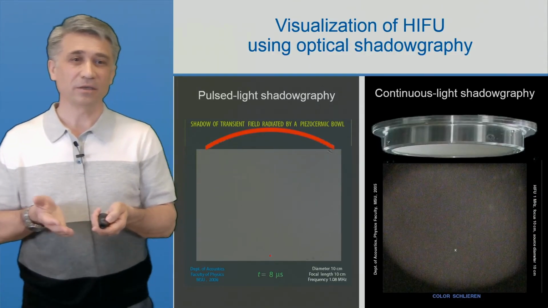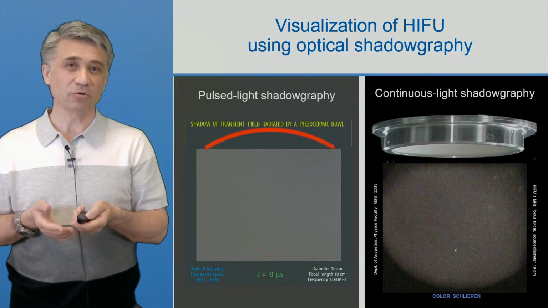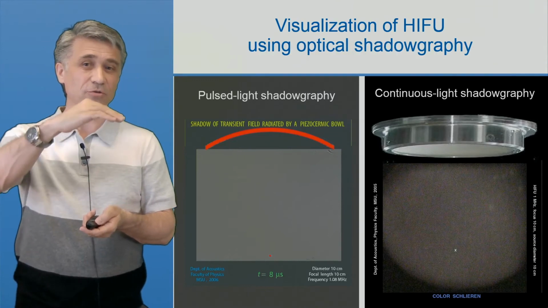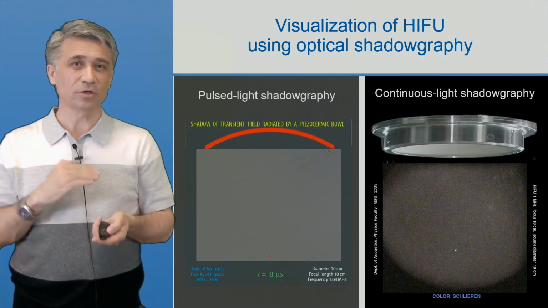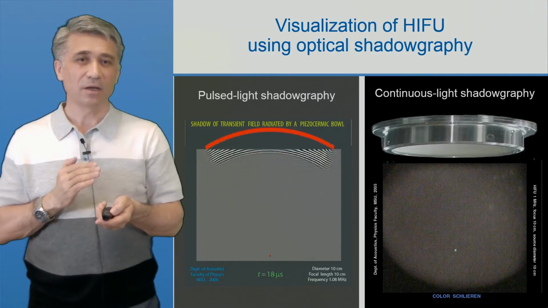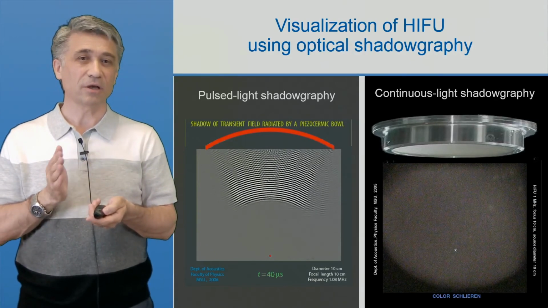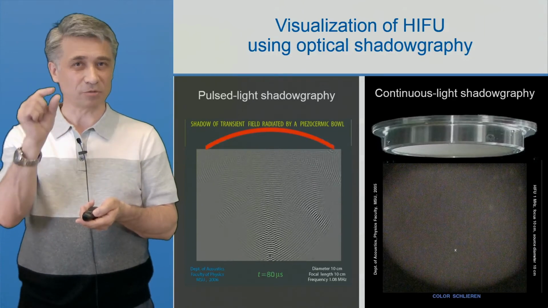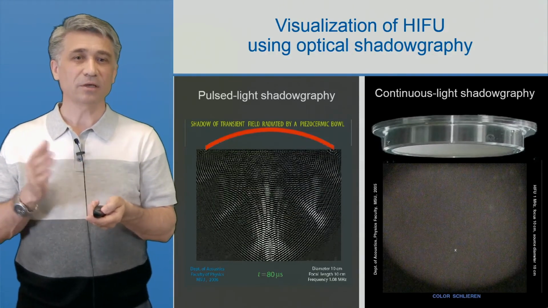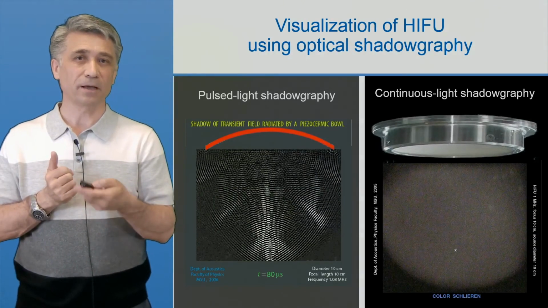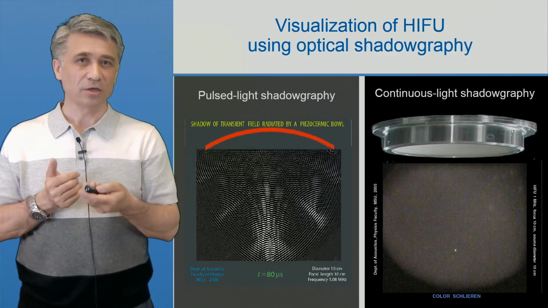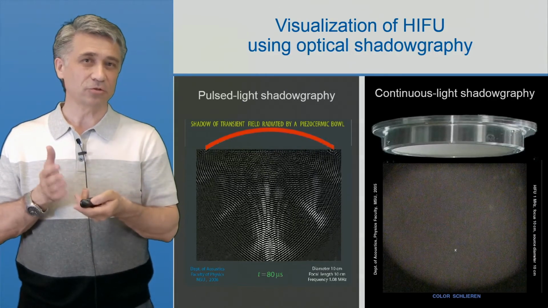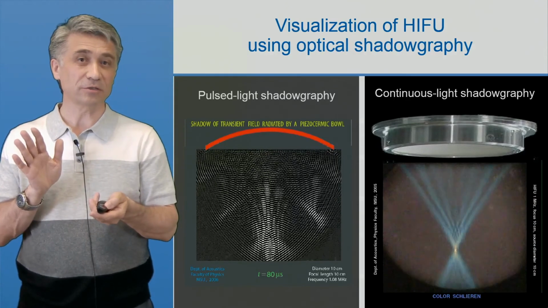And here's an example of how it can be done. When you have a source on the top and you send a pulse of light, you can see that after excitation there is a propagation of waves. There is periodicity, which is the wavelength period, and then everything converges to the focus. If, instead of pulsed light, you use continuous light, then you can see the intensity distribution.